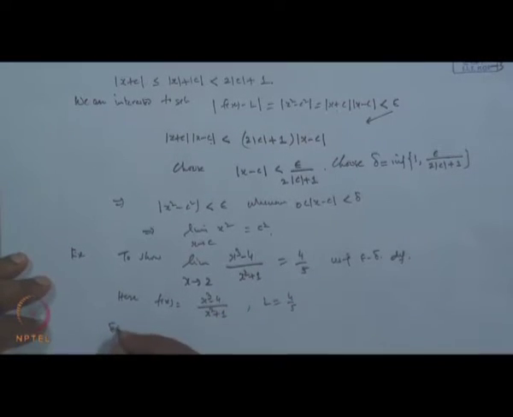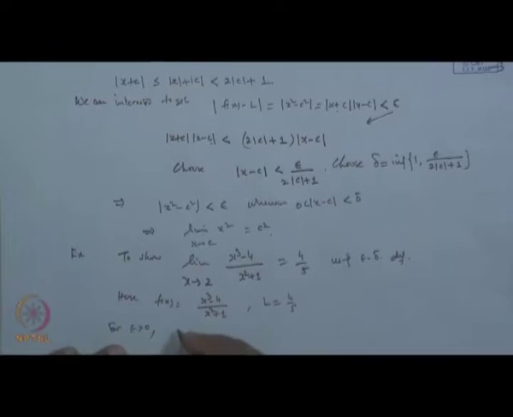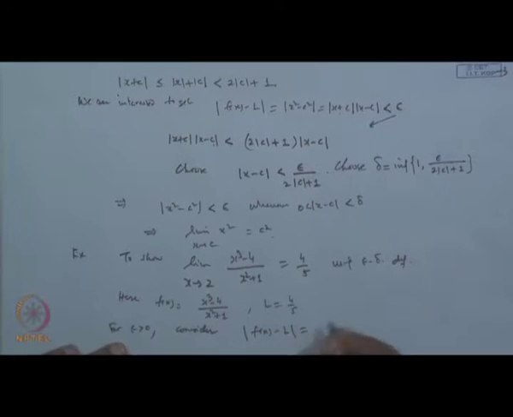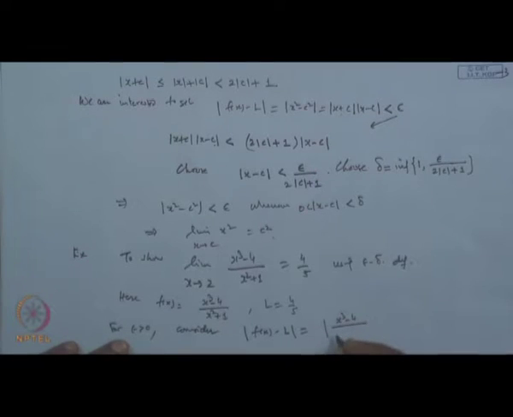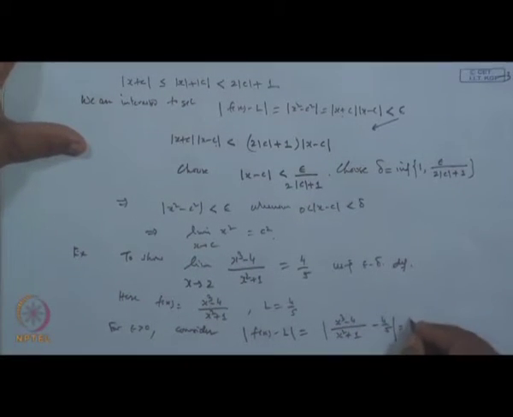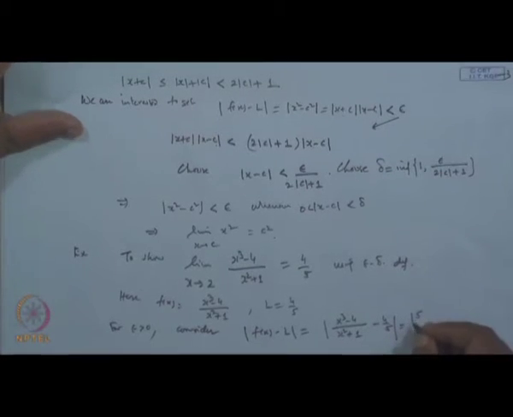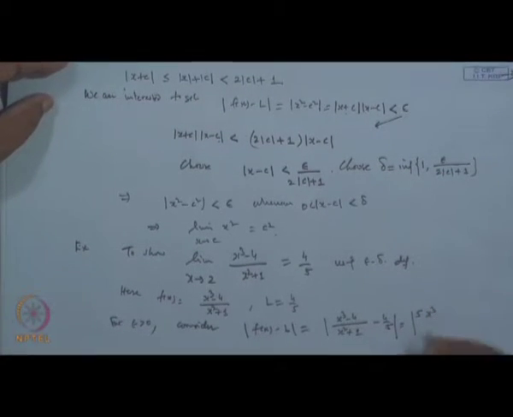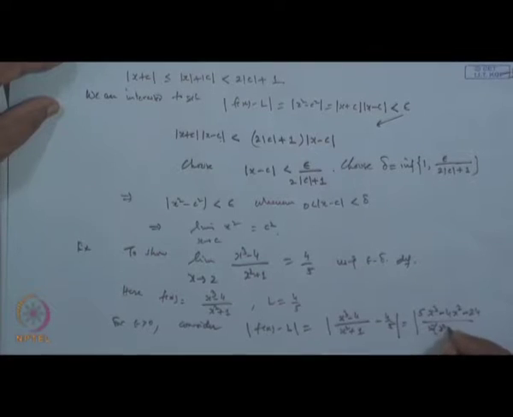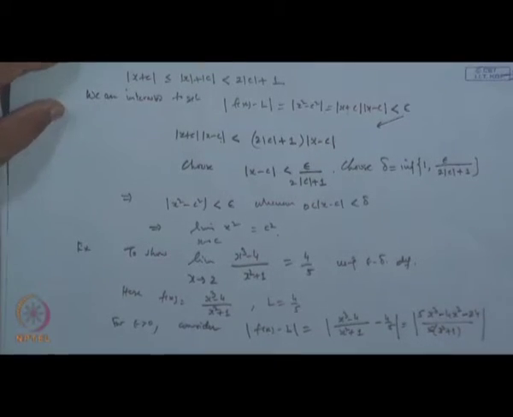So, for a given epsilon greater than 0, let us first consider the difference f x minus L. This f x minus L is (x cube minus 4) over (x square plus 1) minus 4 by 5, and if we solve it, the value will come out to be mod of (5 x cube minus 4 x square minus 24) divided by 5 (x square plus 1).